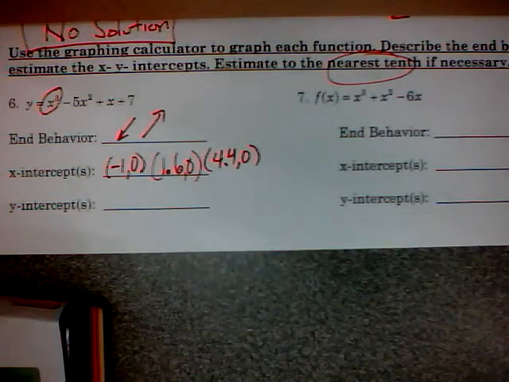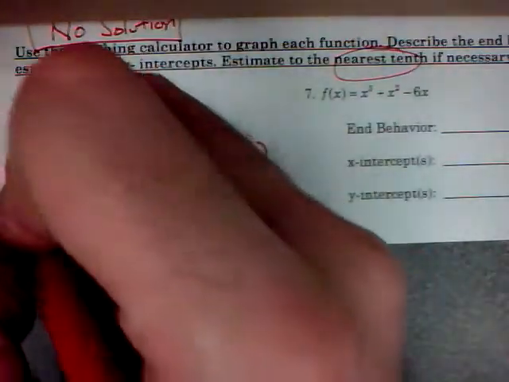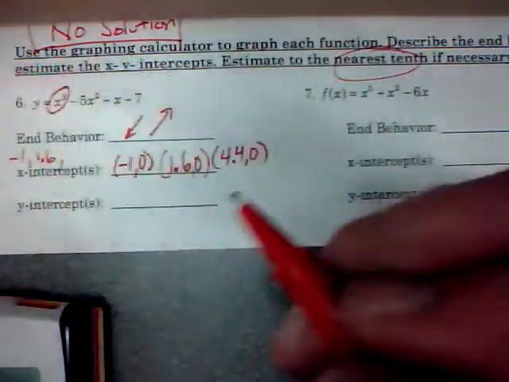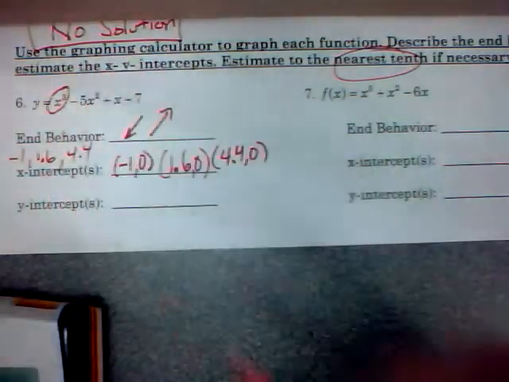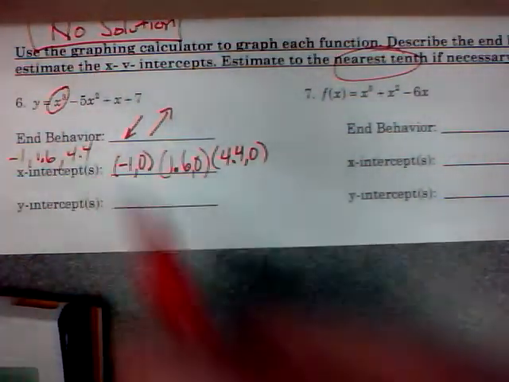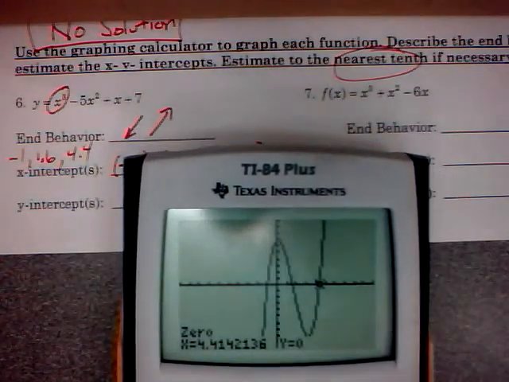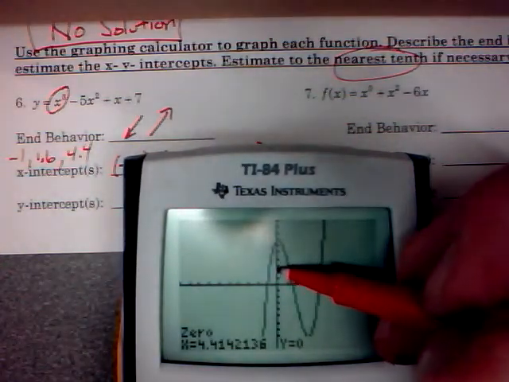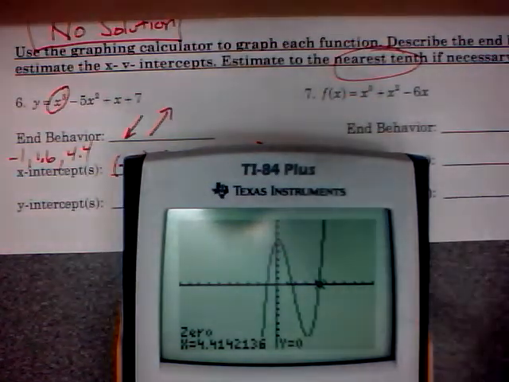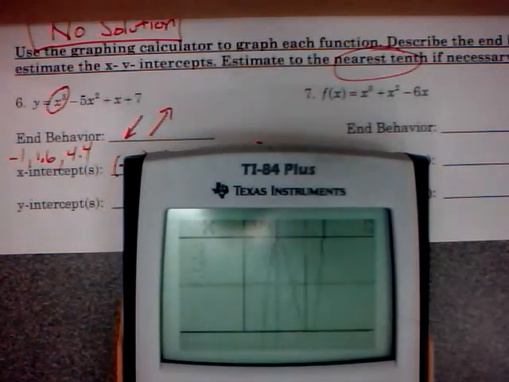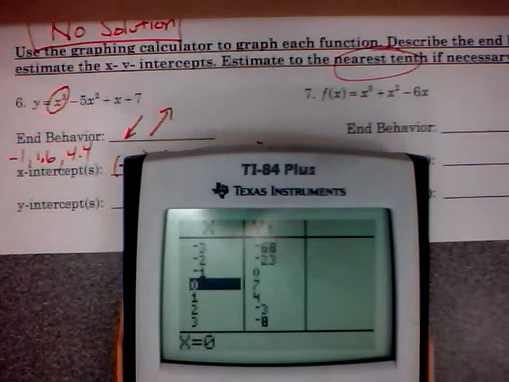On a test, if you want to write that as -1 comma 1.6 comma 4.4, I'm okay with that. Just don't put parentheses around that. For the y-intercept, it looks like around 7. The y-intercept's always easy. Looking at the table, you just go to x equals 0, and you can see that at x equals 0, y is 7.